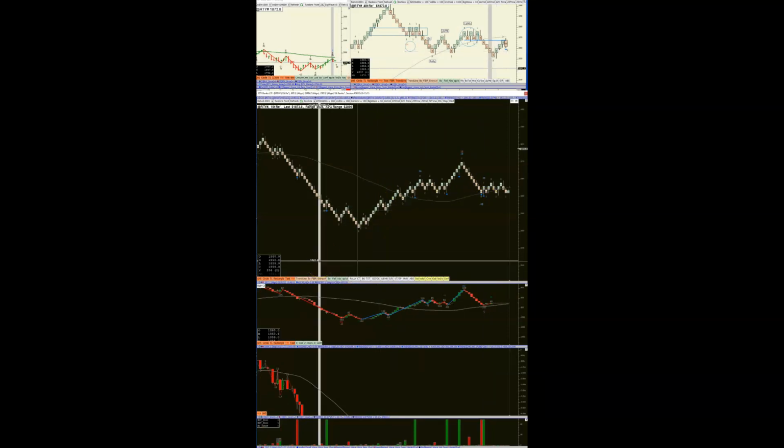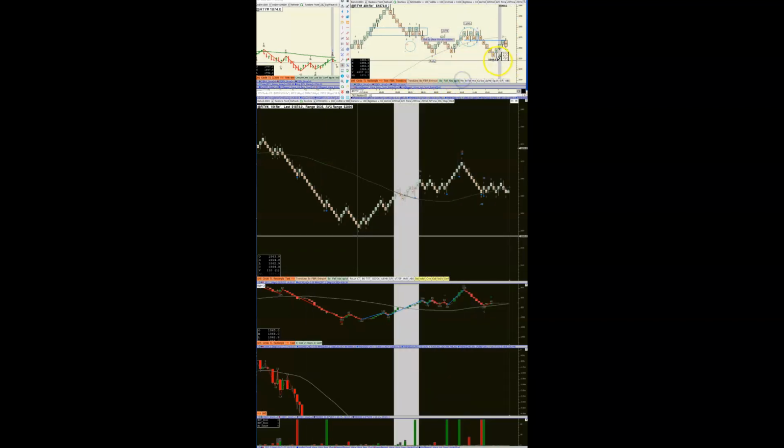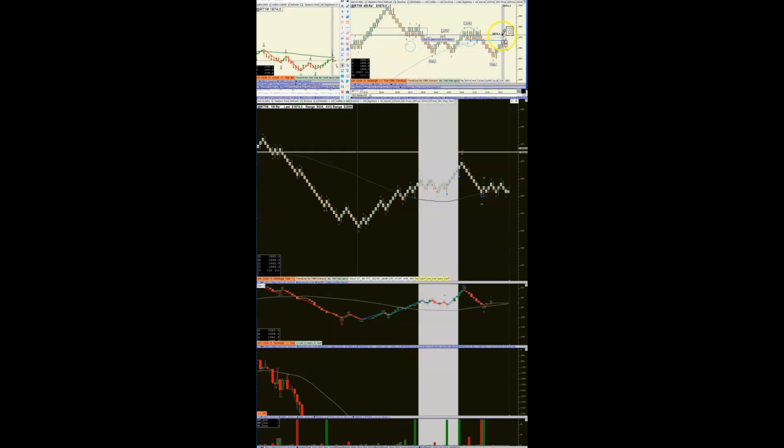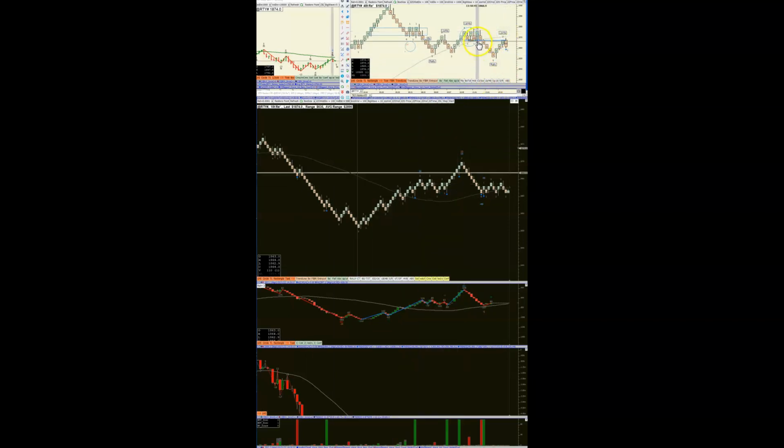Because from my read here, the market rallied down right here, right? And now it is at the high bar. That's exactly where I expect selling against this area to occur. Exactly where I expect it. What do you do now? You confirm that it's occurring.